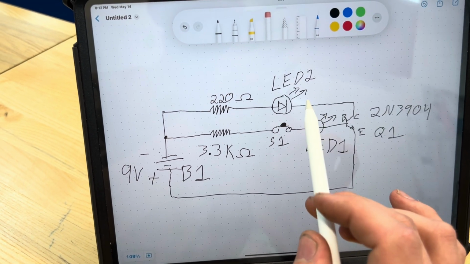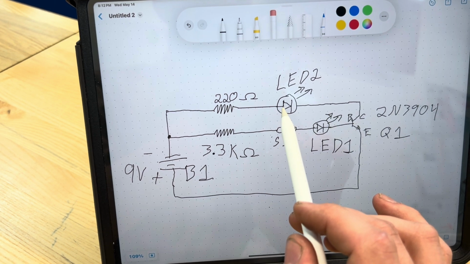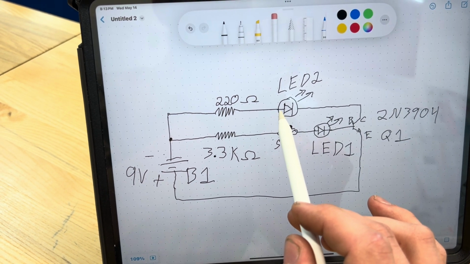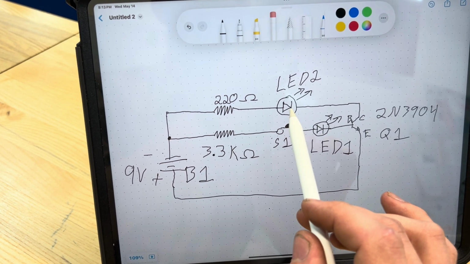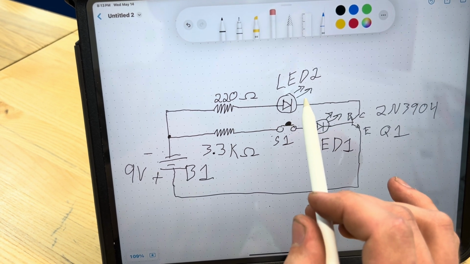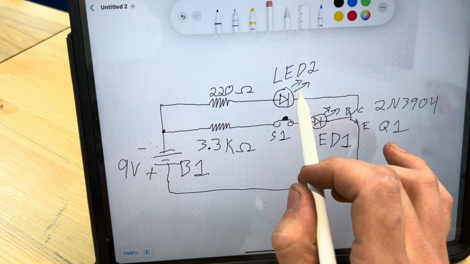In the LED, you've got the positive side right over here, which is called the anode. And on the other side, you've got the cathode, which is the negative side. So let me flip these LEDs around.